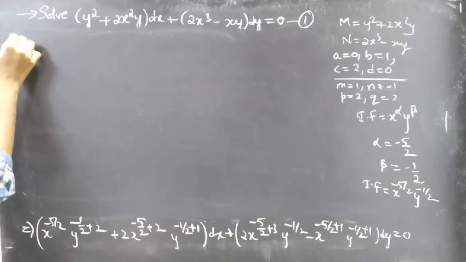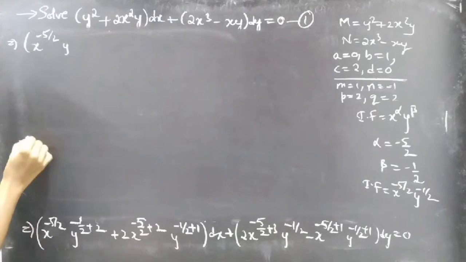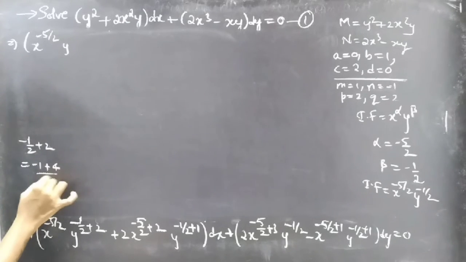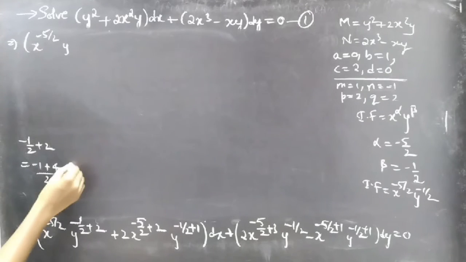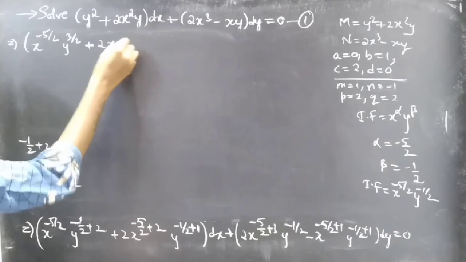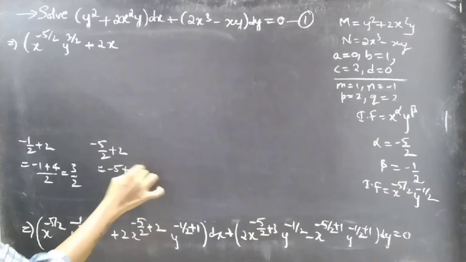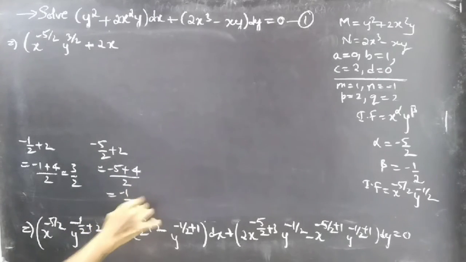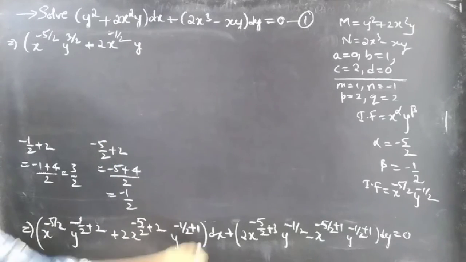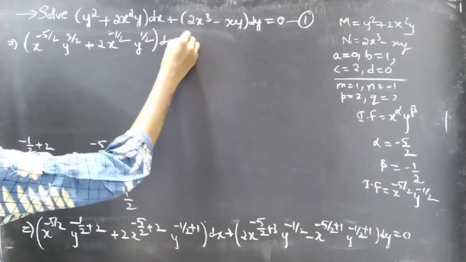This becomes x^(-5/2) y^(-1/2 + 2). Minus 5 by 2 plus 2 gives us minus 5 plus 4 by 2, which is minus 1 by 2, and so on. The first term's powers are x^(-5/2) y^(3/2), plus 2 into x^(-5/2 + 2) gives us minus 5 plus 4 by 2, which is minus 1 by 2, into y^(-1/2 + 1), which is y^(1/2), into dx.